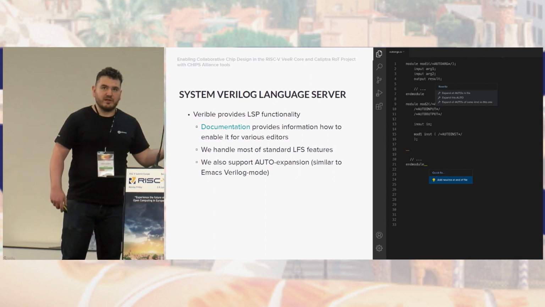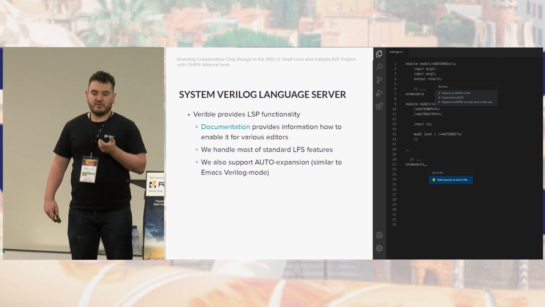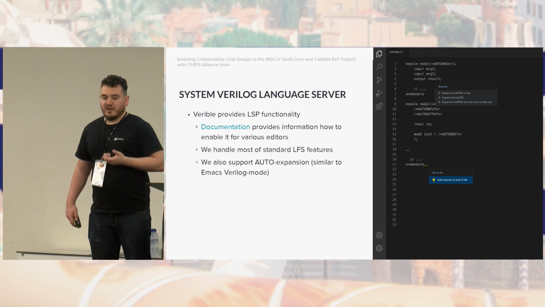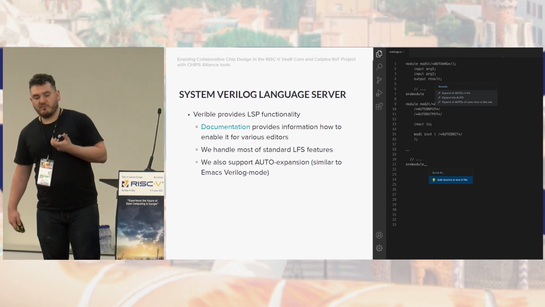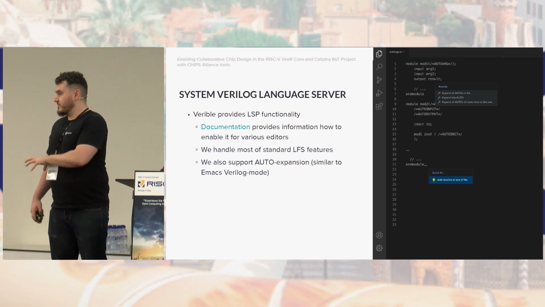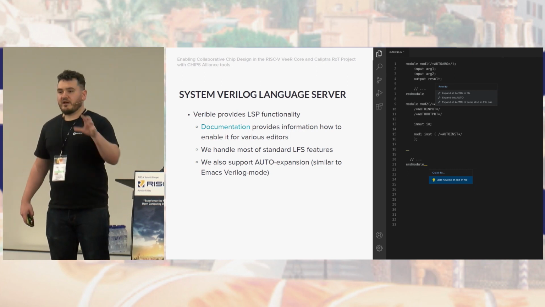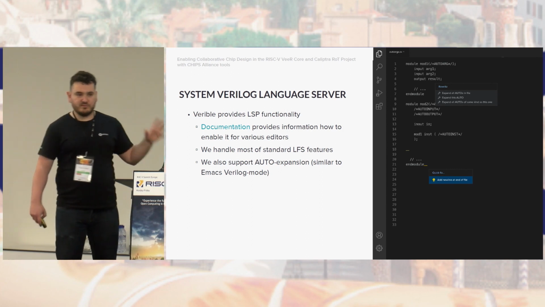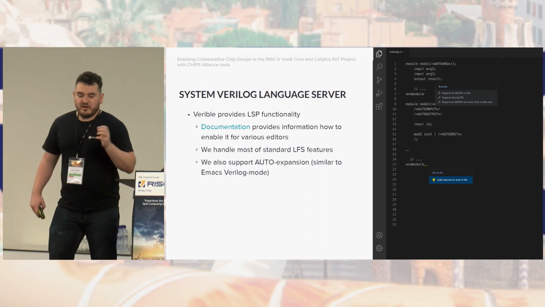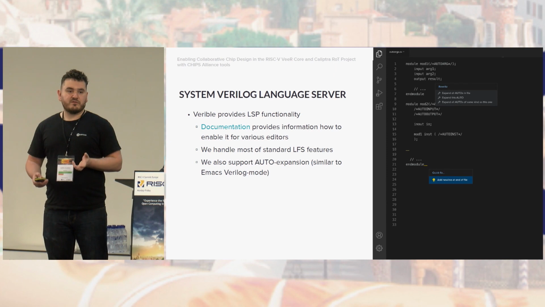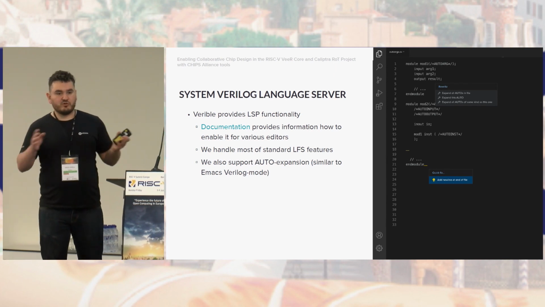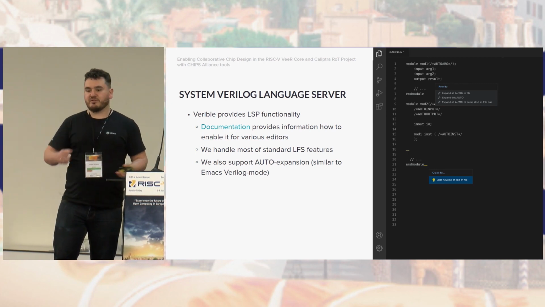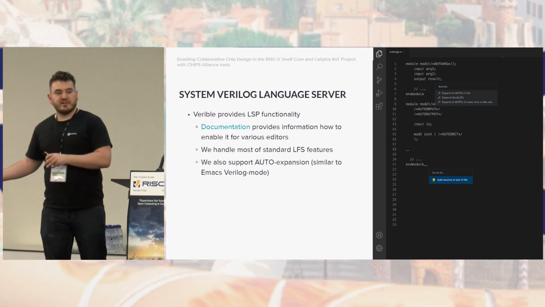To make it easier for people to work with the code, we created a SystemVerilog language server, also a part of Verible. So if you are working with SystemVerilog, I highly encourage you to use that. It's a super useful tool. Basically, it does whatever language servers do. It provides you the functionality of auto-completion, jumping to definitions, finding references in the code, and so on and so on.